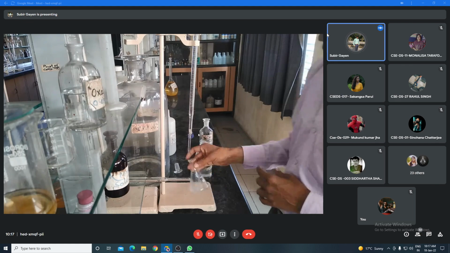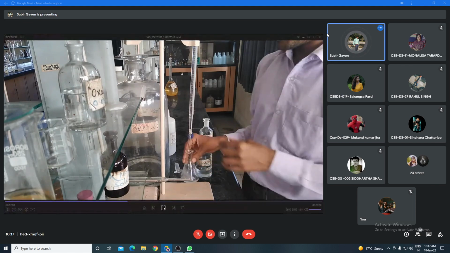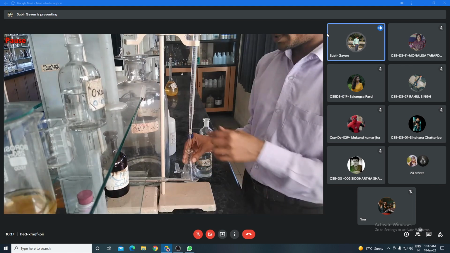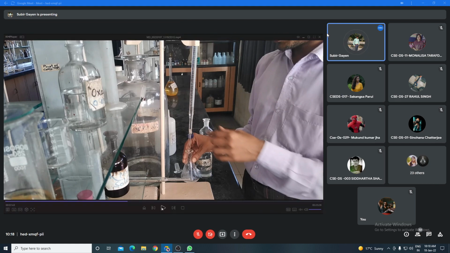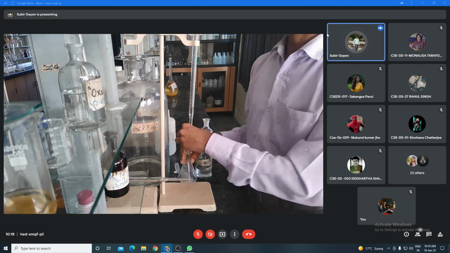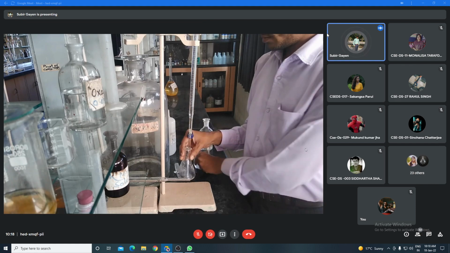Let's see what the color is after. Because this solution is acidic, that's why it is colorless. After adding NaOH solution from the burette into this conical flask, when the total solution becomes alkaline, then it will form a pink color. Initially it is 0.